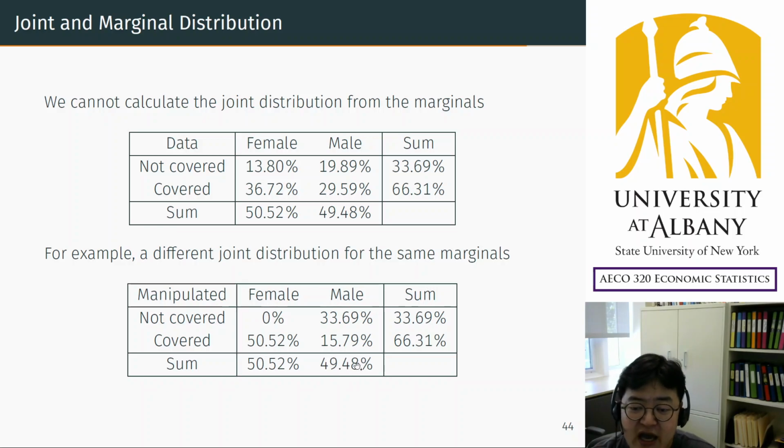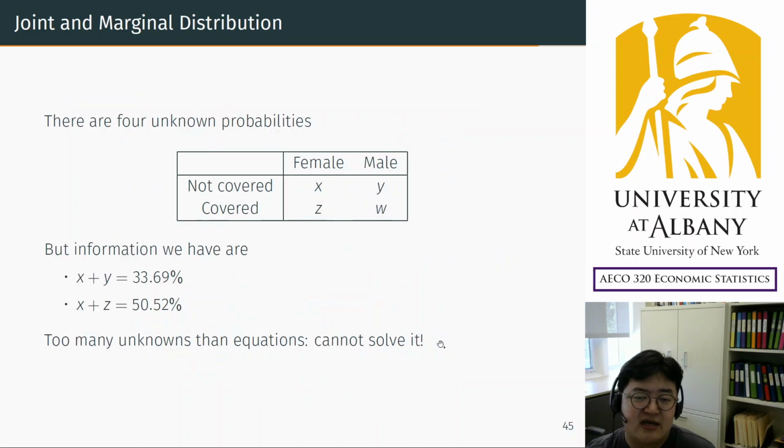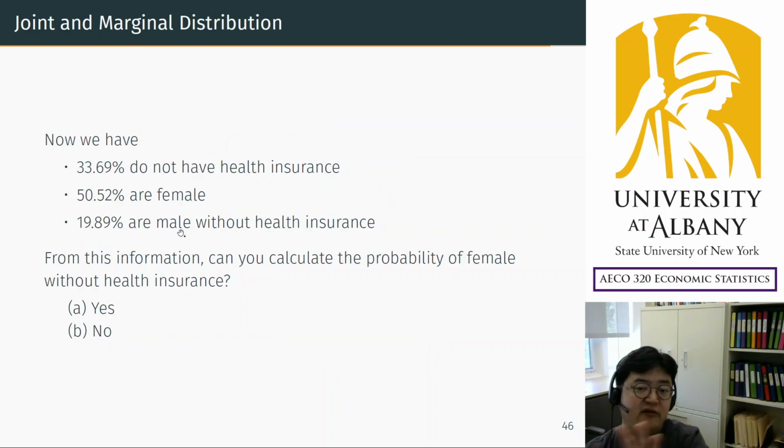So adding this information does not help us. Similarly, if you add 66% as another piece of information, that is basically the same information as this. So in that sense, what you need is another piece of information that is related to both variables, male and health insurance.